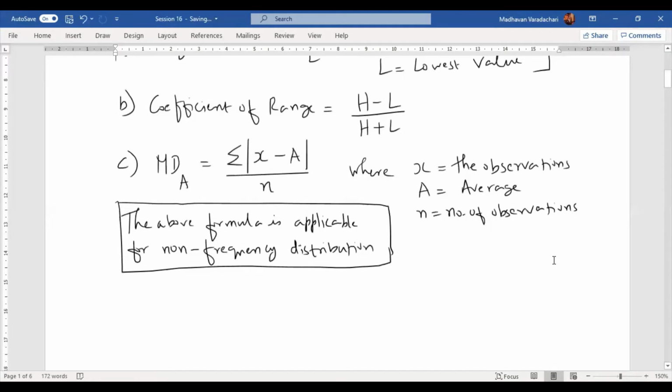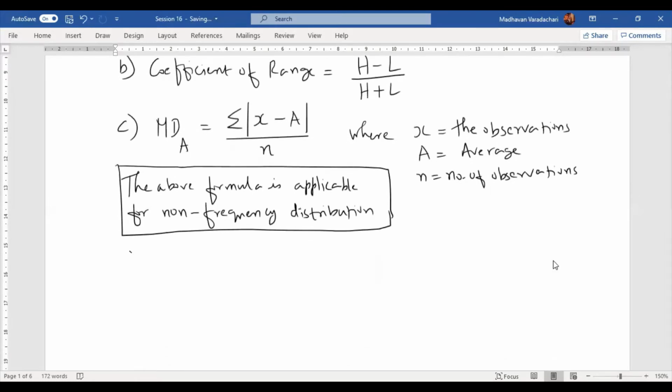Then if it is a frequency distribution, the formula will change a little.